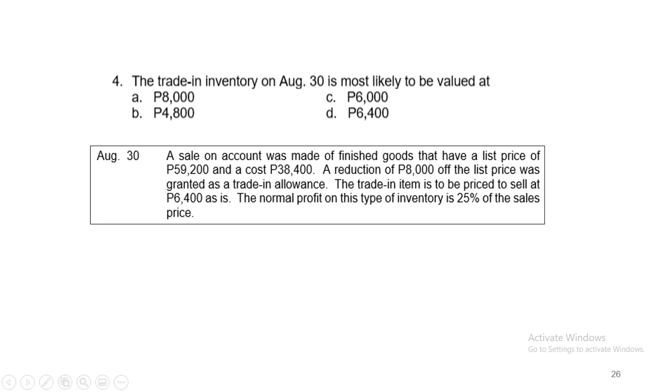So again, the question: what is the true value or true worth of the trade-in inventory? Now take a look at this one. It has an 8,000 trade-in allowance. To compute the trade-in value, or true worth, it is the same as before: the net realizable value less the normal profit.